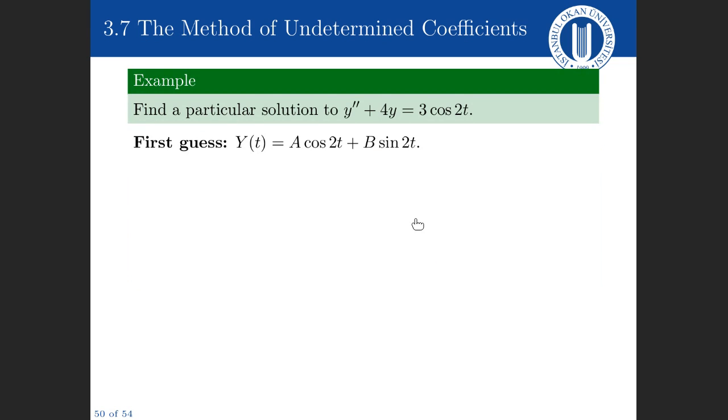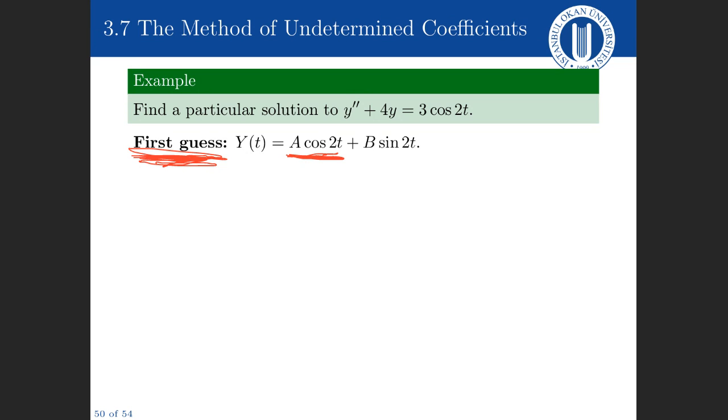Find a particular solution to y double prime plus 4y equals 3 cos 2t. Our first guess, and again there's a hint to you that this is not the last guess, we use the idea from before. We have 3 cos 2t, that's a number multiplied by cos 2t. So we guess that we also want a number multiplied by cos 2t, and every time we have cos, we must also have sine.